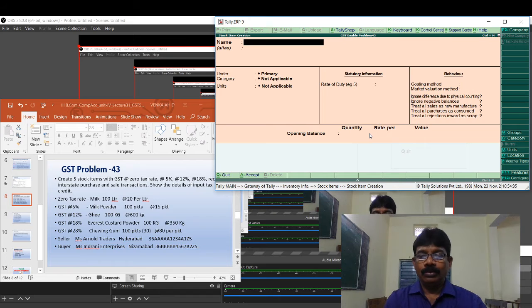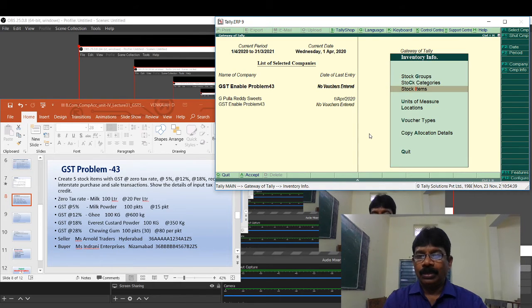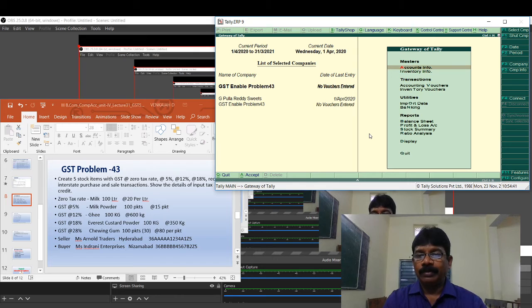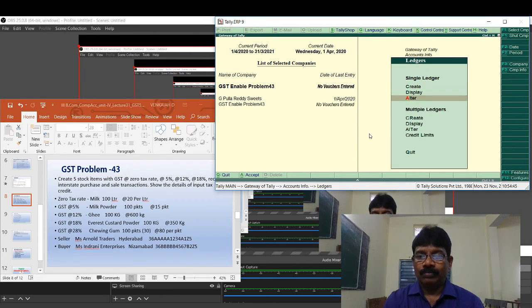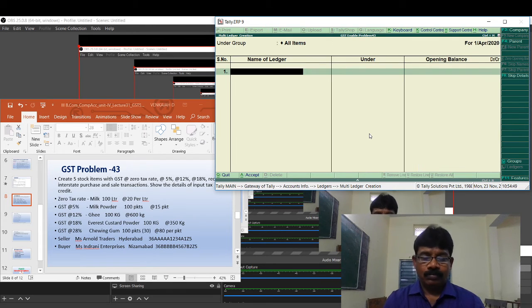Right. Now we have to create purchases. Here different purchases are there. Purchases at the rate of 0%.